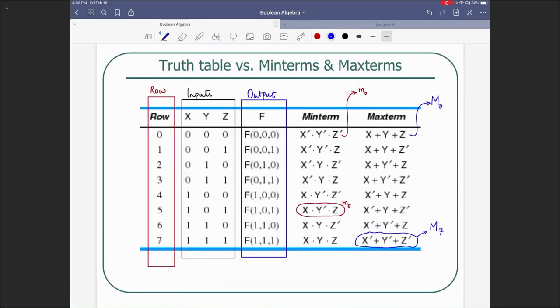Now, why would you want to see when f is 0? Well, here is the answer to that. If I flip a coin and suppose it lands as heads, one way for me to describe what happened would be heads was on top. The other way for me to describe that same situation would be tails was not on top.